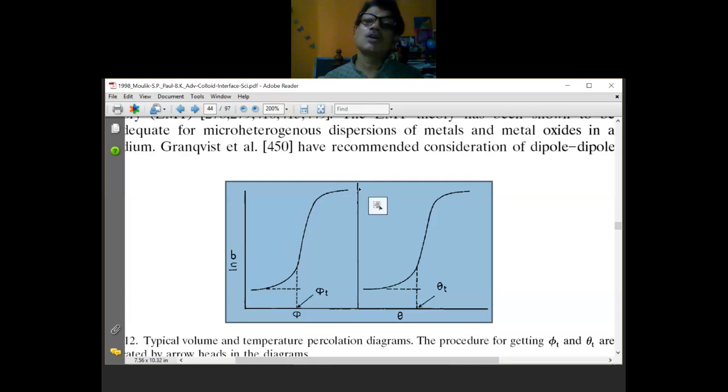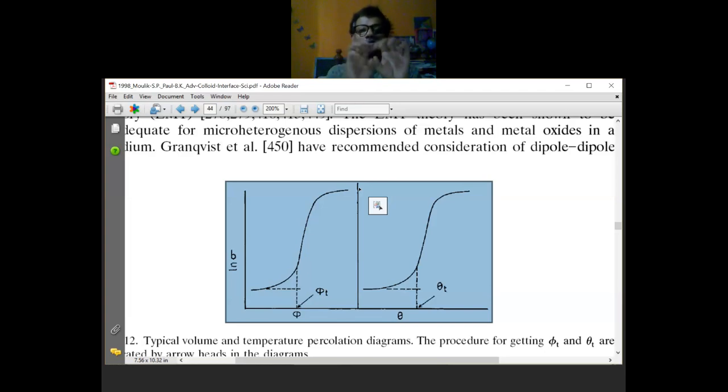So this kind of electrical percolation, or percolation of electrical conductance, is induced by volume increase of the dispersed phase or water. So this is called volume induced percolation. What happens if the volume is increased? The size of the microemulsion droplets would increase.